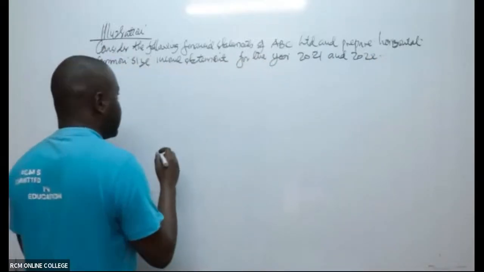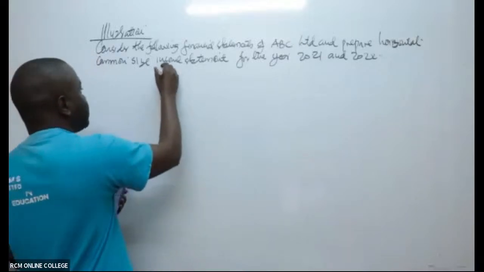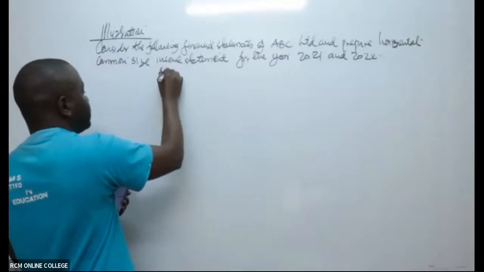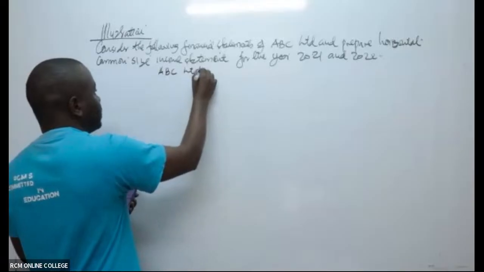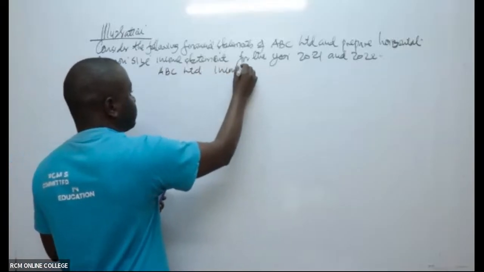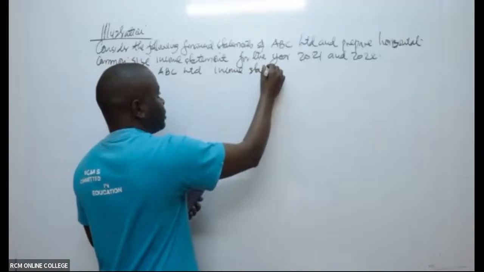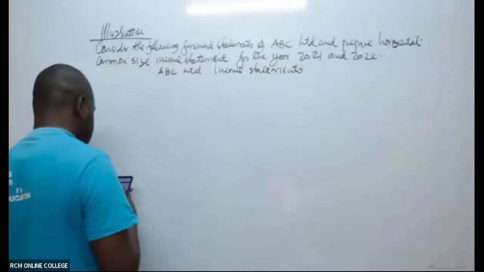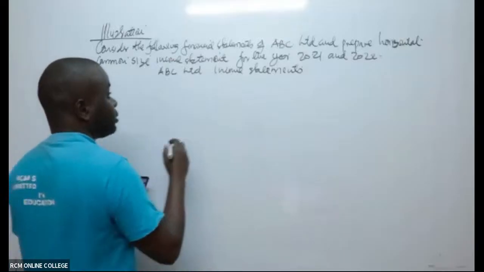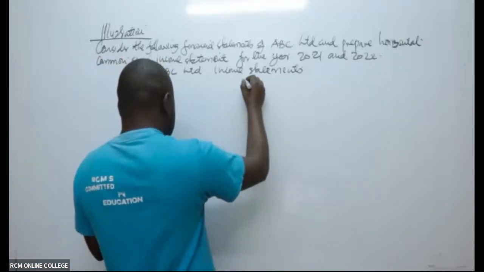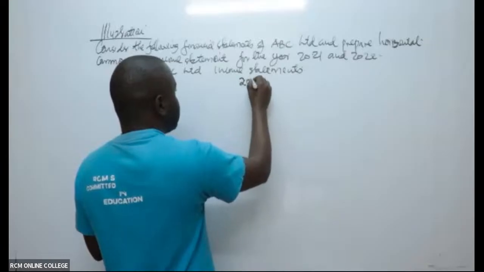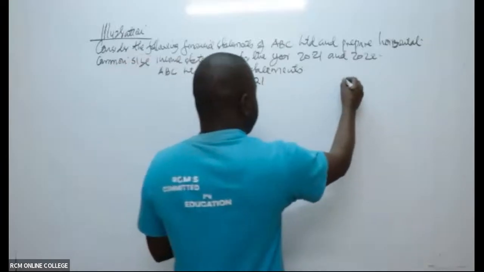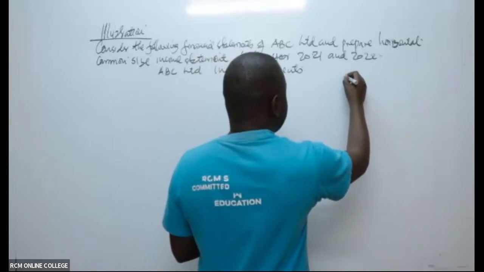So we can have the income statement here. We have ABC Limited income statements. Here you can have the year 2021, then here the year 2022.